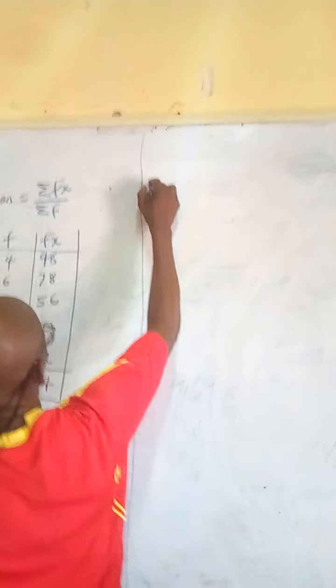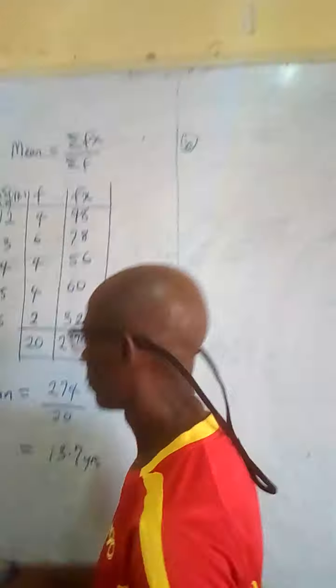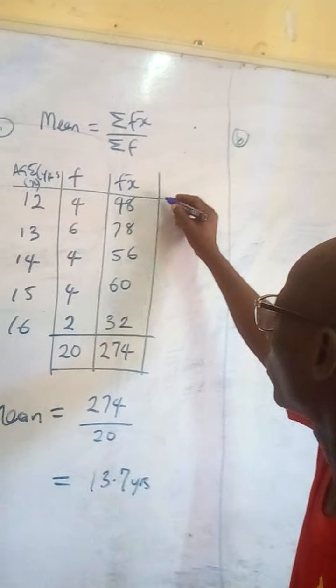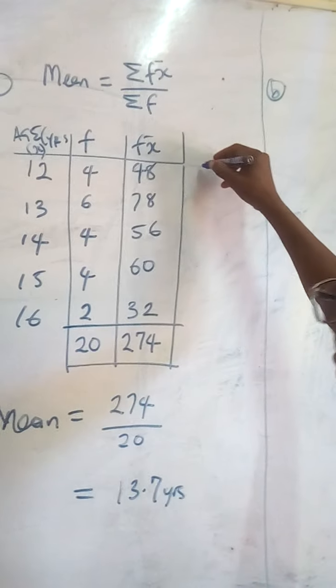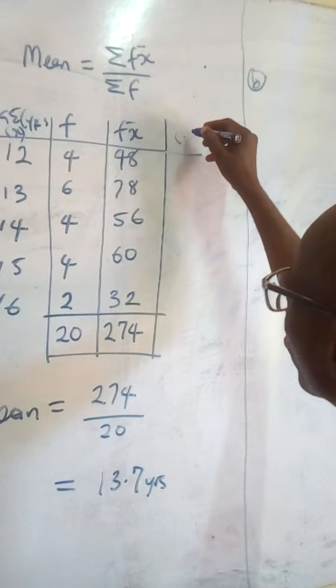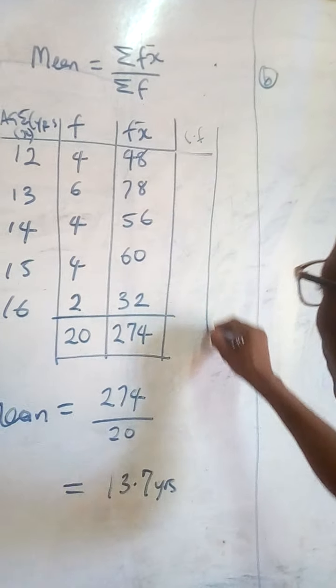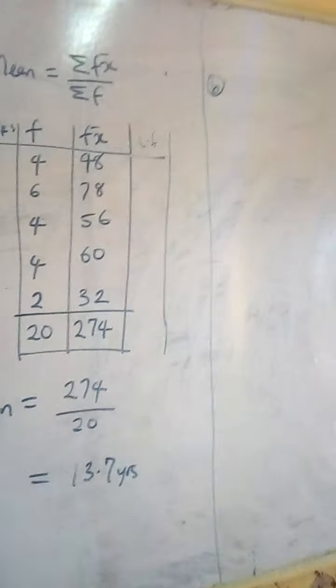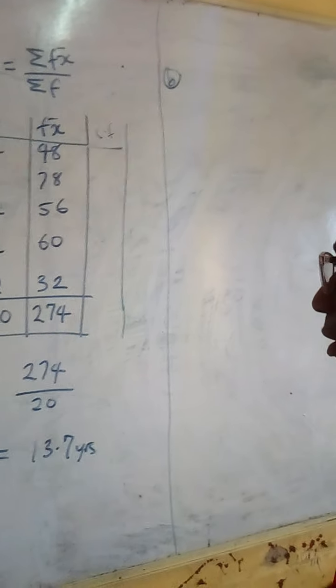The median. What is median? Median is the middle data. How are we going to get our middle data here? What we do to make it very easy is to create a cumulative frequency column. A cumulative frequency column will guide us towards selecting our middle data. How do you form your cumulative frequency column?